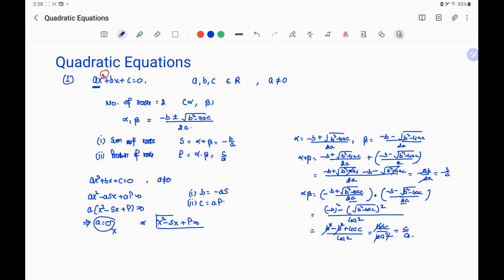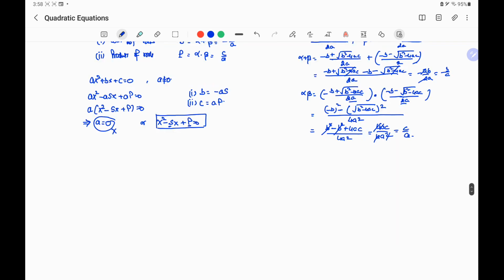This is the form of the quadratic equation in terms of the sum of roots s and product of roots p. Similarly, we can write the quadratic equation in terms of the roots. The quadratic equation is ax square plus bx plus c equal to 0, where a is not equal to 0. So to write the equation in terms of the roots alpha and beta, we take a common, so remaining is x square plus b by a x plus c by a equal to 0.